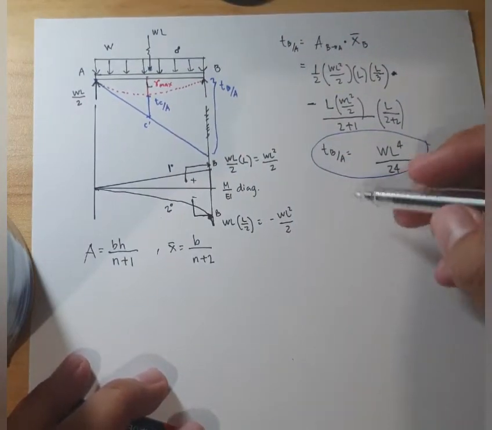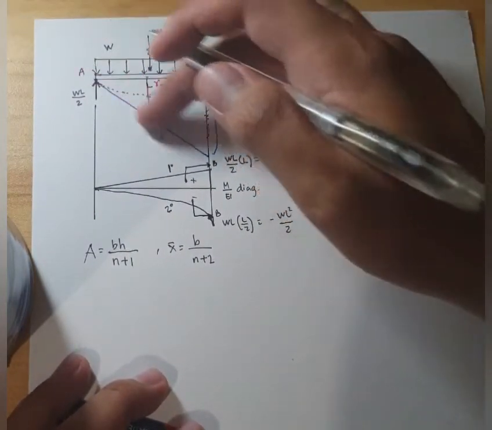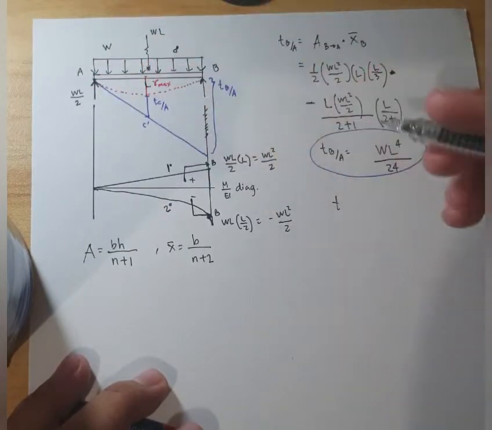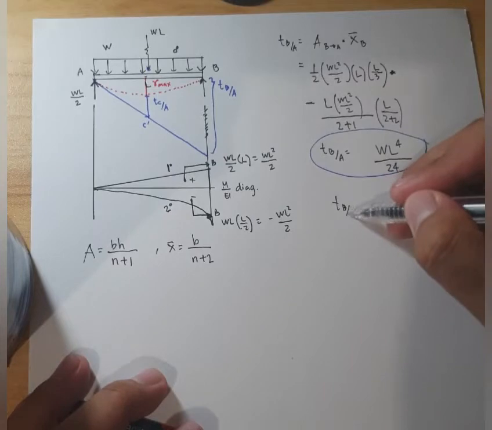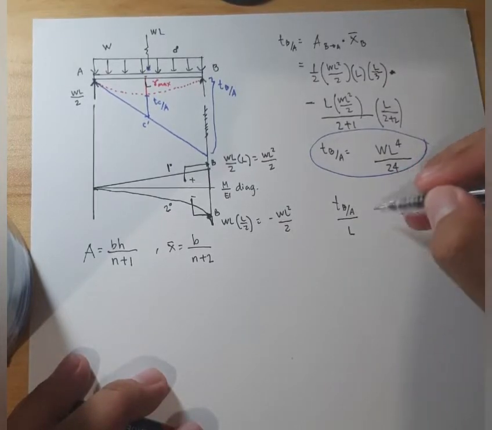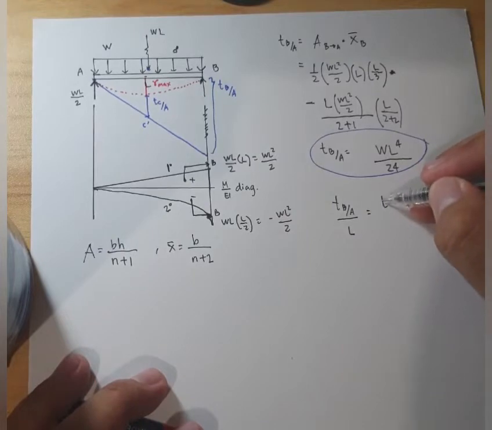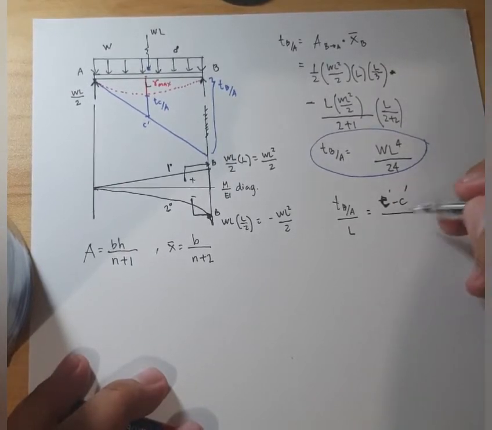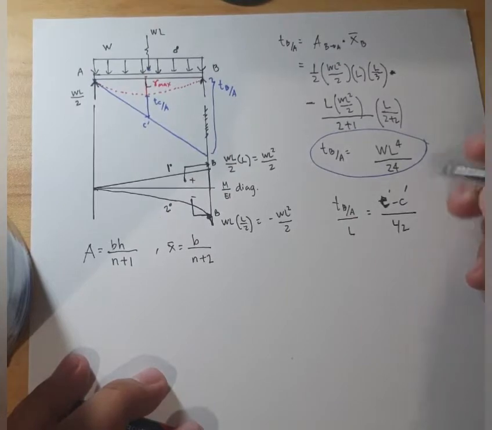Okay, so if you have, diba, larger triangle proportionate to the smaller triangle, so deviation at B with respect to A is to L is deviation at CC prime is to L over 2.